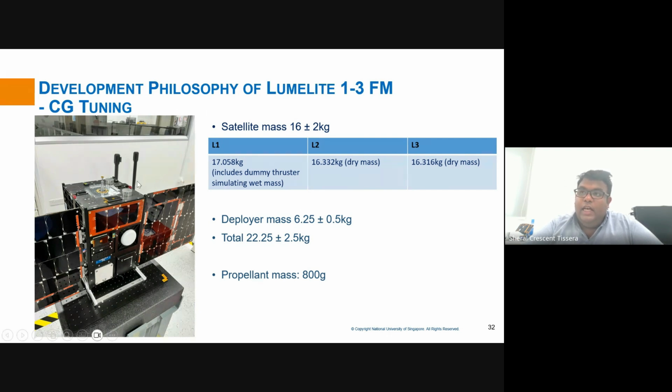The center of mass, or the CG of the satellite, is the center of rotation. Whenever the satellite rotates, it rotates about the center of mass of the satellite. So these are the dynamics of the satellite in space.